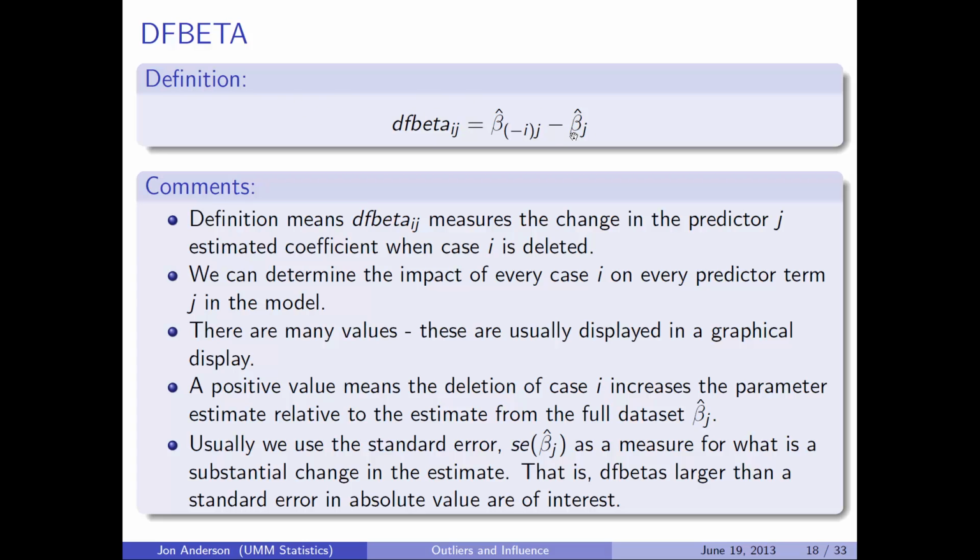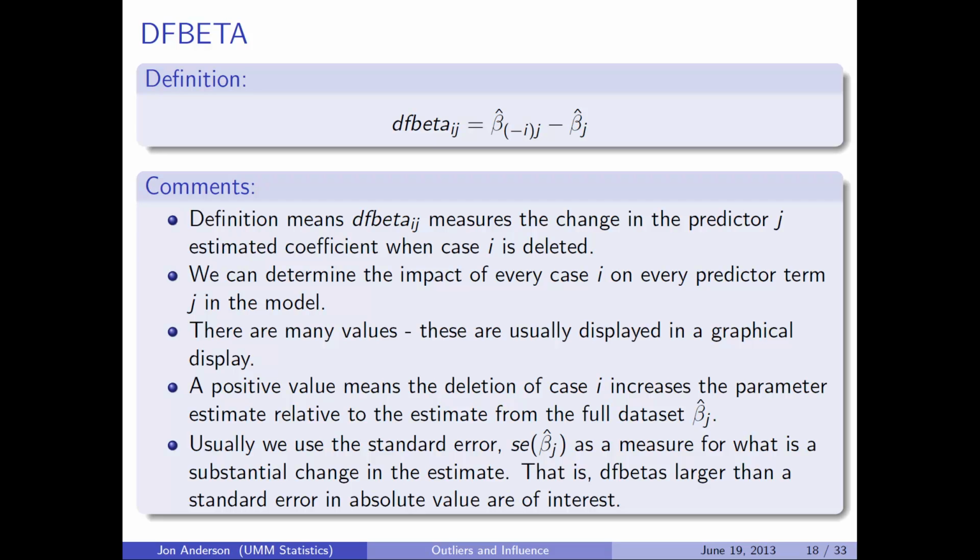So the thing you need to understand about DFBETAs is that it has a double subscript here. There's a DFBETA for every predictor for every case in the data. So there's going to be n times p prime DFBETA values.